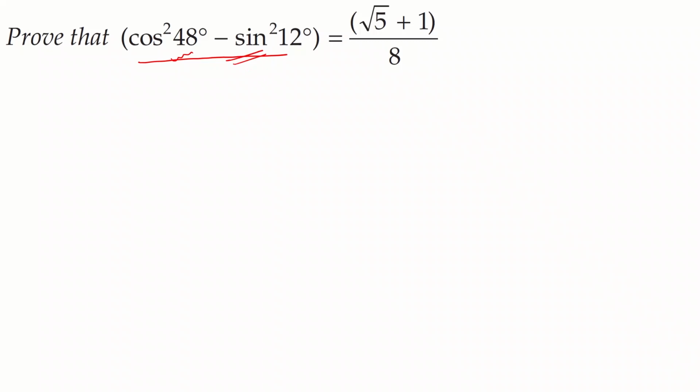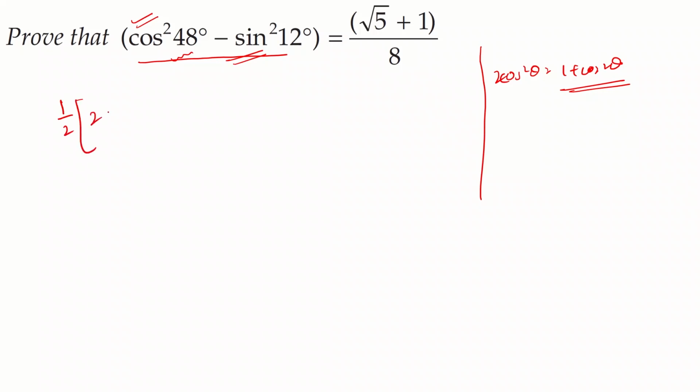Whenever you're finding, most of the times cos square and sine square have to be converted into their upper values. So we know that 2 cos square theta is 1 plus cos 2 theta. So that is what we'll be using. We'll forcefully bring in a 2 over here and write it as 1 plus cos 2 theta. And similarly, we know that 2 sine square theta is 1 minus cos 2 theta. So what do we do? We take a half outside and we forcefully bring in 2's over here.